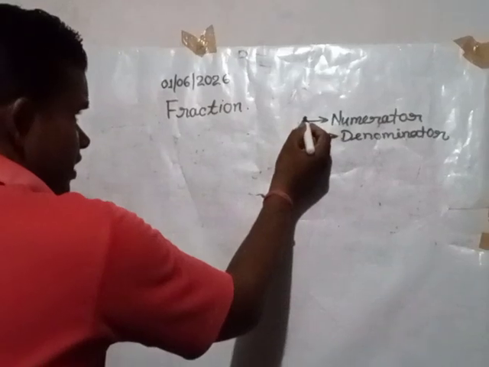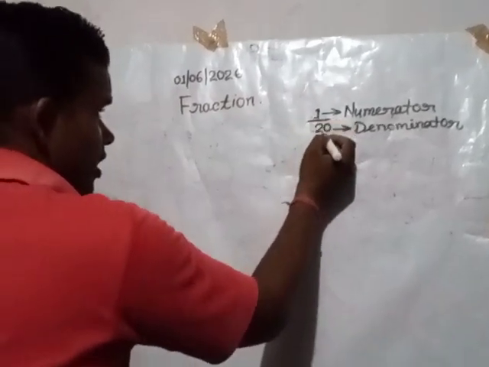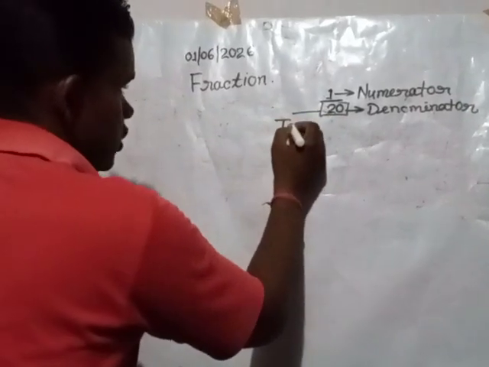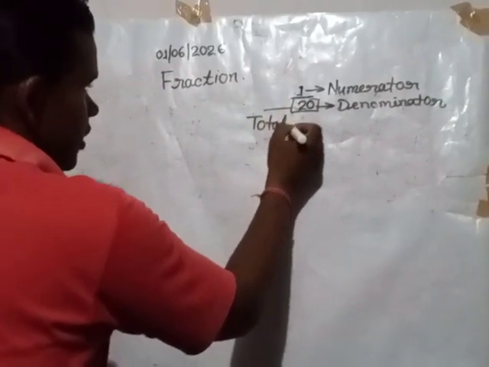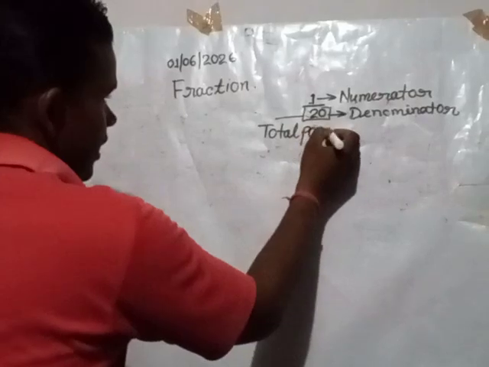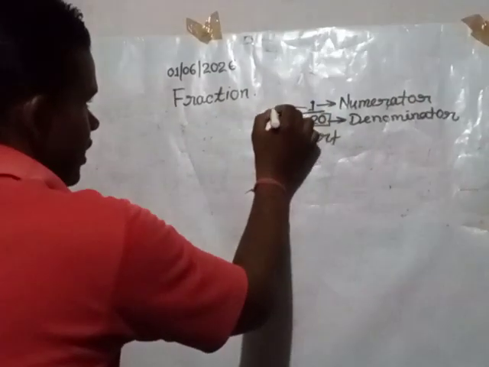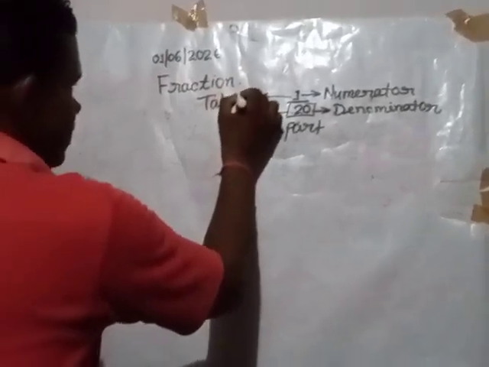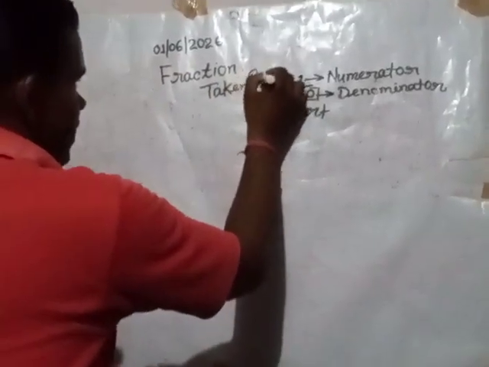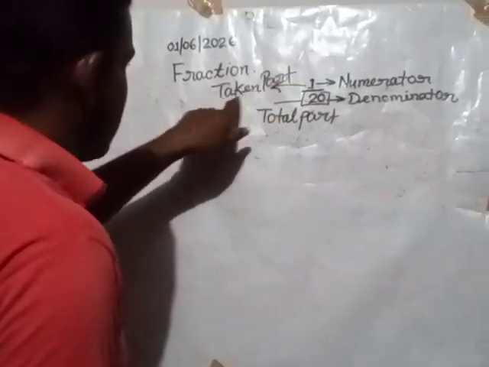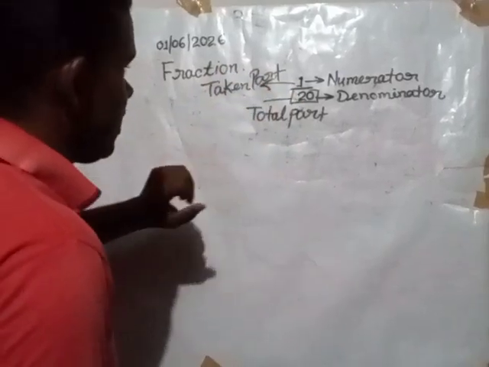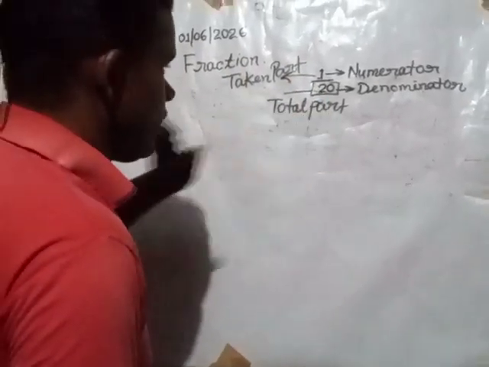That means the denominator is the total part, and the numerator is the taken part. It is clear that 1 is the taken part and 20 is the total part. Here we take one part and the total part is 20.